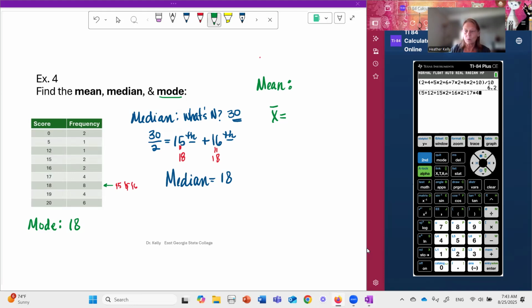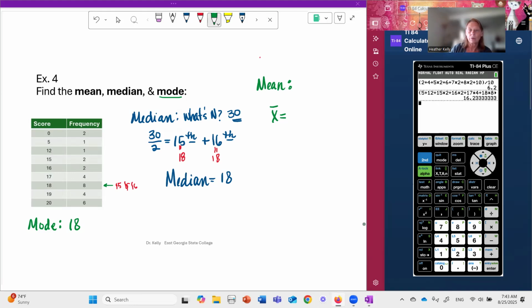Okay, 17 times 4 plus 18 times 8 plus 19 times 4 plus 20 times 6, close, divided by, and how many scores total are there? 30. We added up the frequencies to find out what n was.